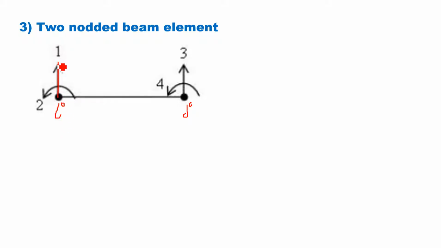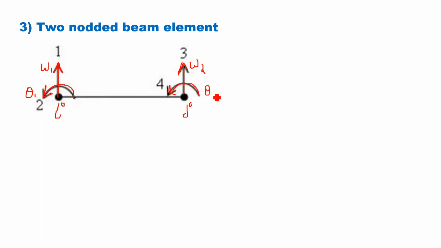One is vertical translation, which is called vertical displacement, and the second is rotation. Okay, so this is W and this is theta. We can write W1, theta 1. This is W2, that is 3 means W2 and 4 means theta 2.